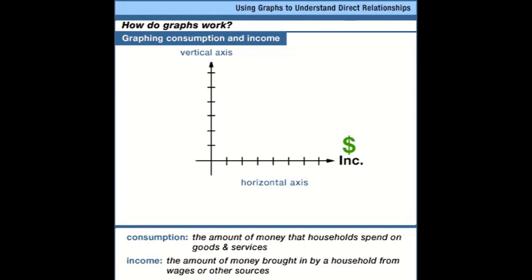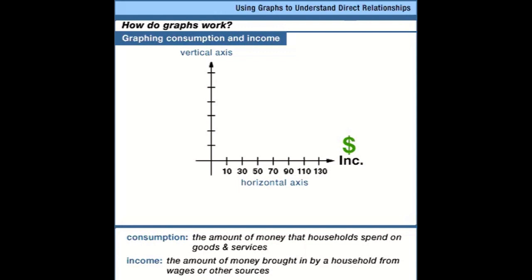Here's 80. I'll skip it. 90, 100,000, 110, and 130. And the numbers, of course, continue as you go out. The numbers increase, representing larger annual incomes as you move to the right.